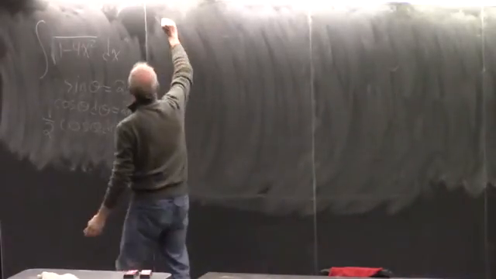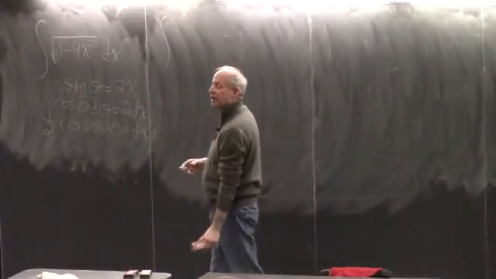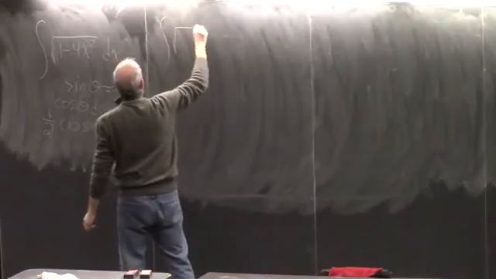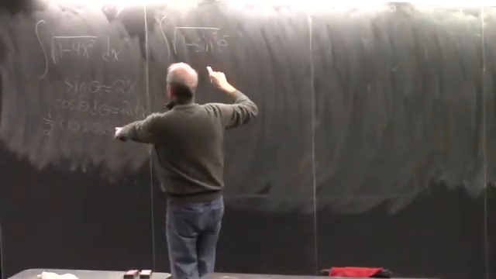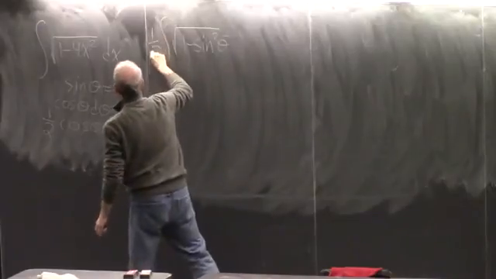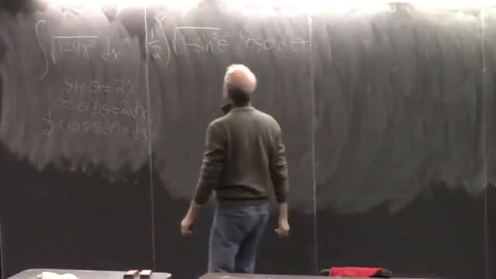So let's substitute. If sine of theta is 2x, then sine squared of theta is 4x squared. So this becomes the square root of 1 minus sine squared. And dx is 1/2 cosine theta d theta.